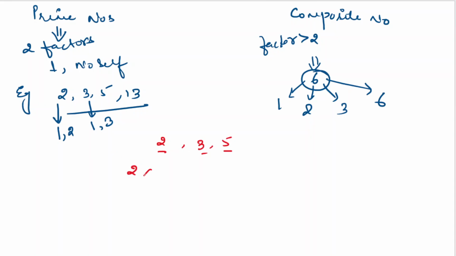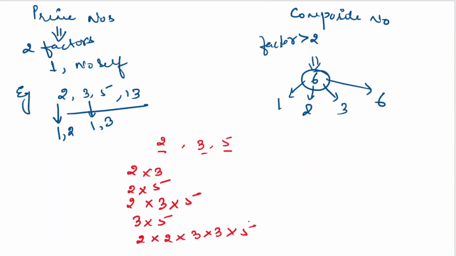Like 2 into 3, 2 into 5, 2 into 3 into 5, 3 into 5. You can also take 2 into 2 into 3 into 3 into 5. You can take 2 to the power 100, 3 to the power 1000, any number of times. And when you multiply all these numbers, you get a different number.